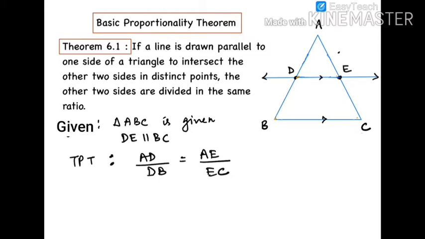So let's draw perpendiculars from point D to AE. Likewise, we will draw perpendicular from point E to AD, and then join point D to C and E to B. Write down the construction.